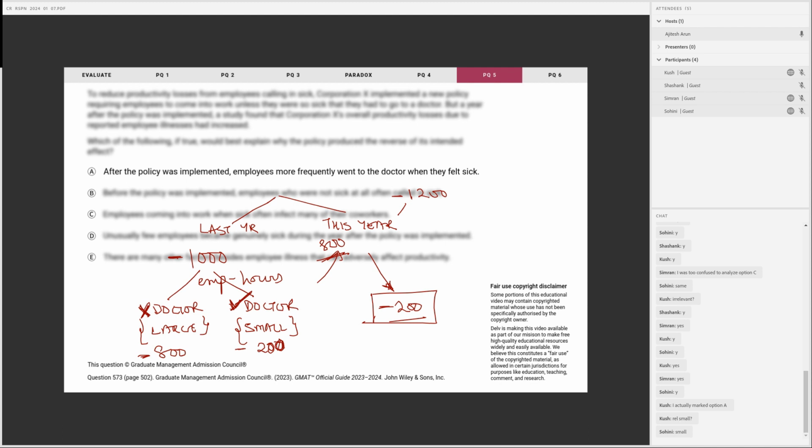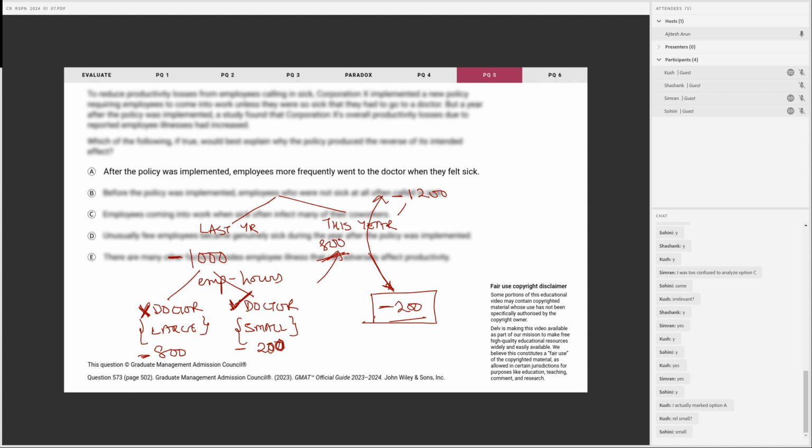From 200, it went not just to 800 or 1,000, it crossed 1,000, because that's the only way to increase the productivity losses. Again, I'm not sure how well I've explained this, but let me just quick check.